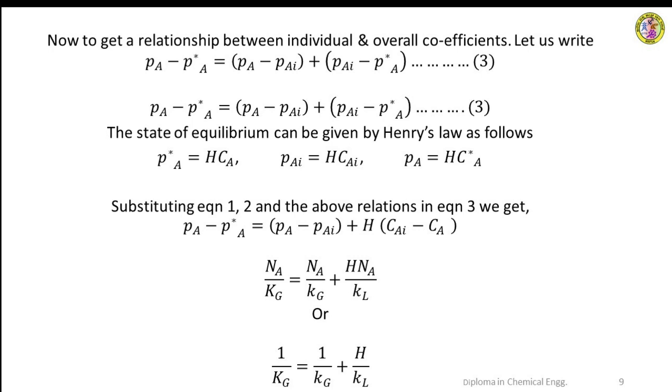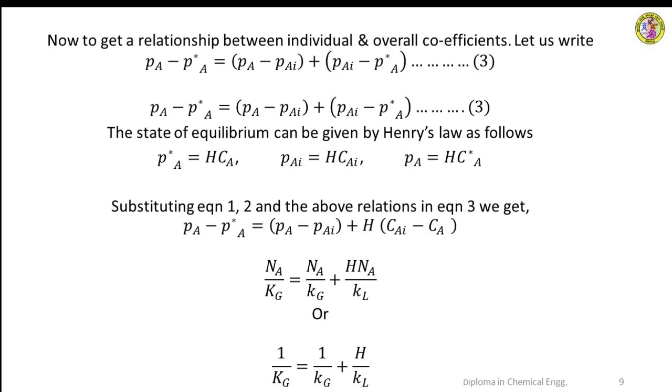Because it's not that easy to find the equilibrium concentrations, the corresponding equilibrium concentrations in the liquid phase and gas phase have to be obtained. That relationship between the equilibrium concentrations is given by a law called Henry's law.